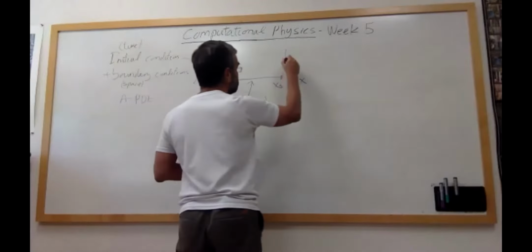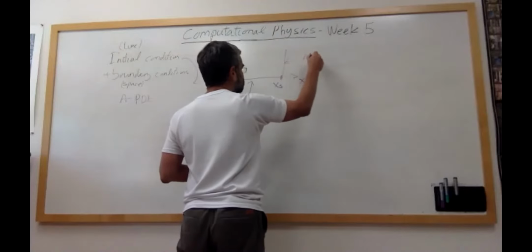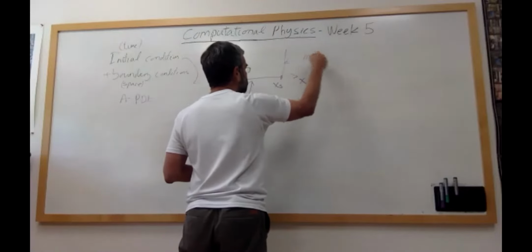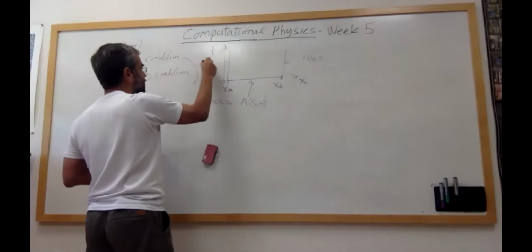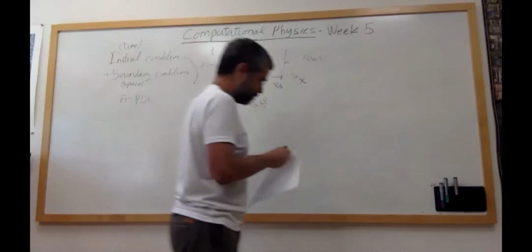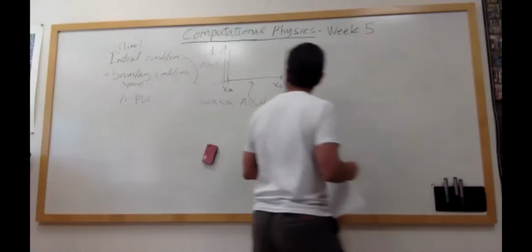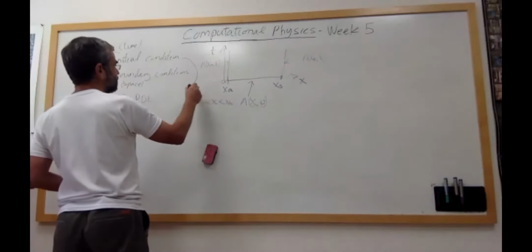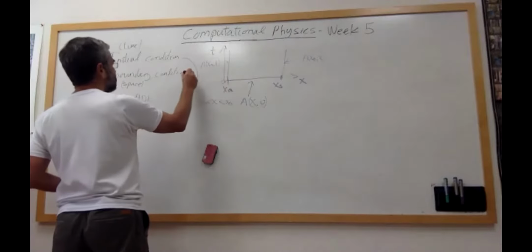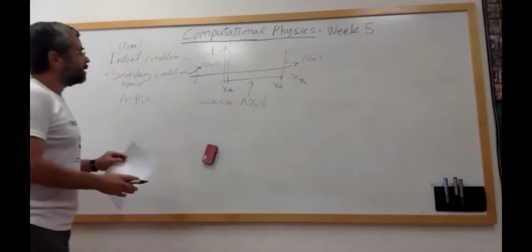And this would be A of XB in T and A of XA in T. So this is the initial condition and the boundary condition.